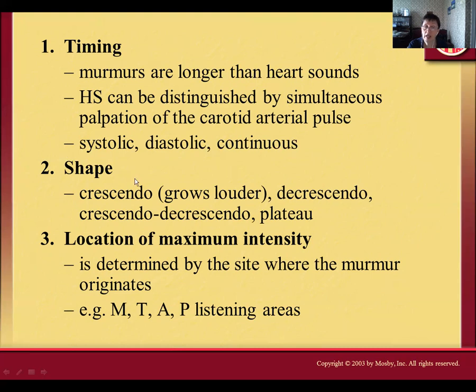Then we check the shape of murmur. Do you remember the picture? The murmur may be crescendo, it grows. It may be decrescendo, maybe crescendo-decrescendo, or plateau. And then location of the maximum intensity of the murmur is very important. In which area you hear the murmur, so you may conclude which valve is affected.